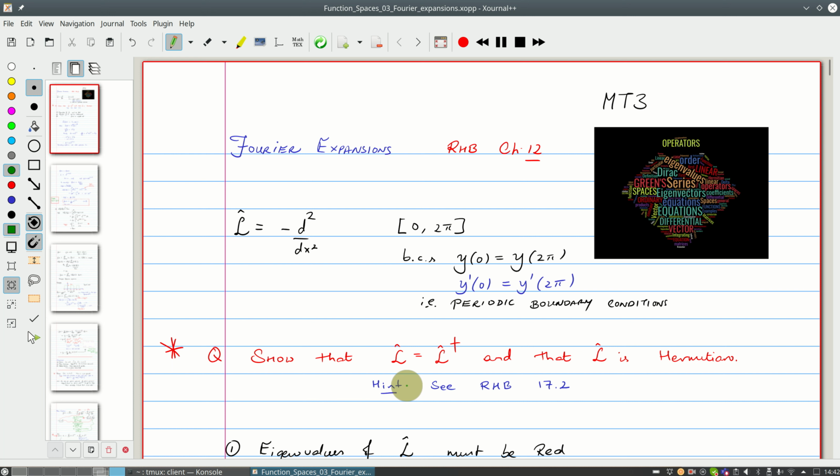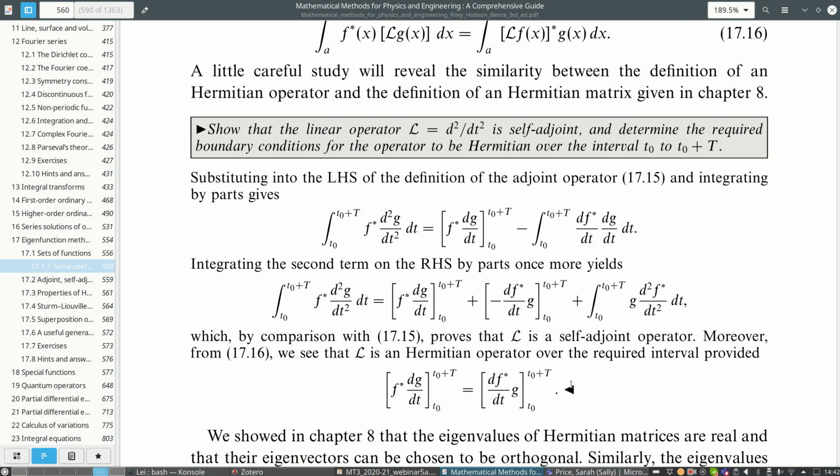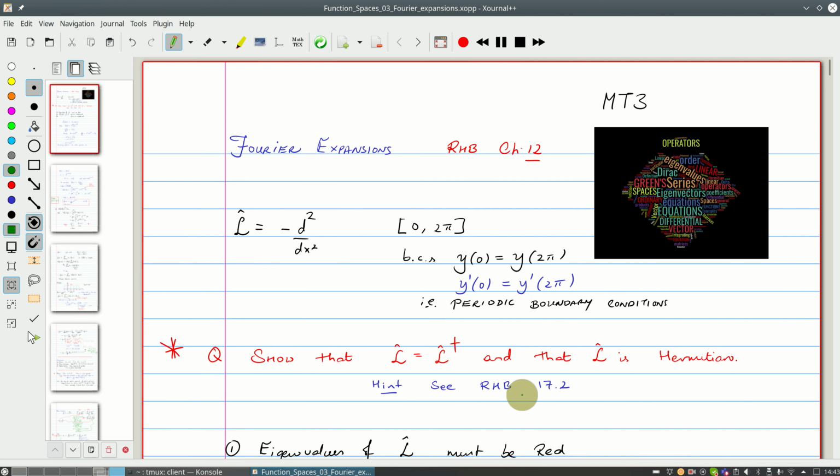This is worked out for the most part in Riley, Hobson and Bence's 17.2. So have a look there, which is here, and you can see the problem worked out. They've defined L as d squared by dt squared, so this is nearly the same problem. You should be able to show it.